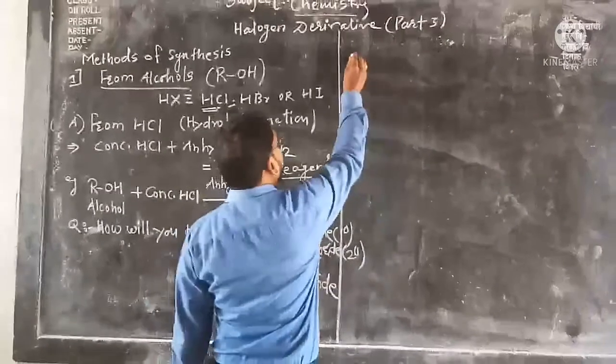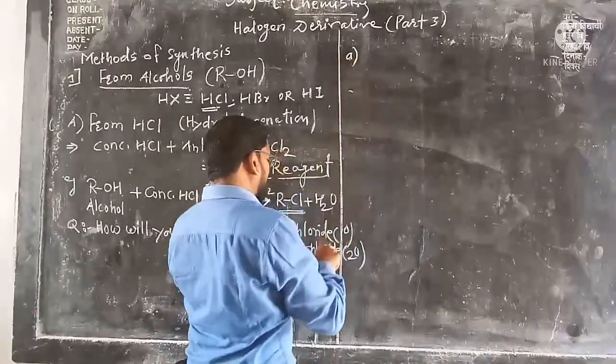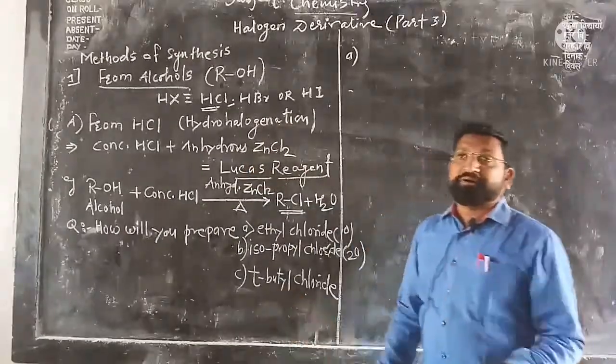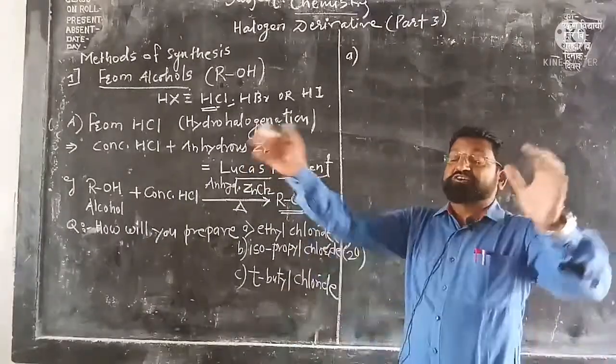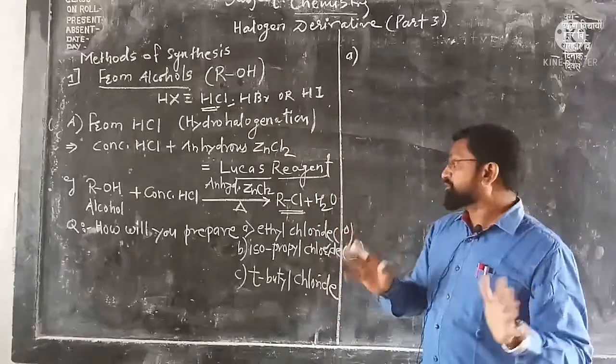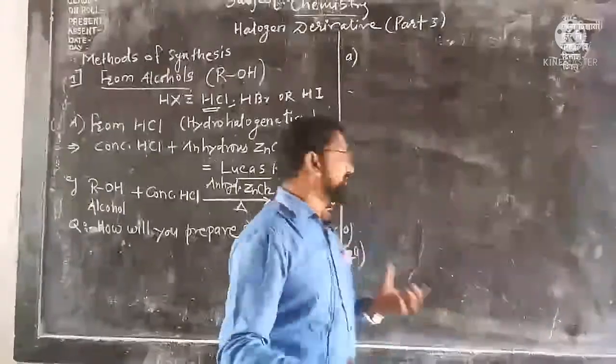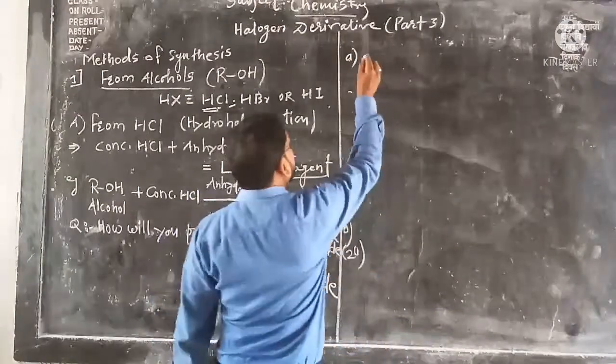Number A, ethyl chloride. So we want ethyl chloride. Such questions are of the type: how will you prepare, how will you obtain, what is the action. By finding the product you have to decide the reactant. For ethyl chloride, you have to take ethyl alcohol.